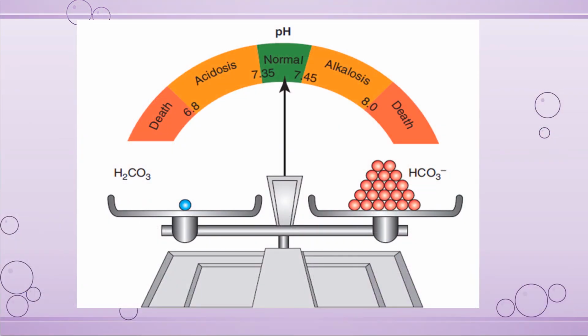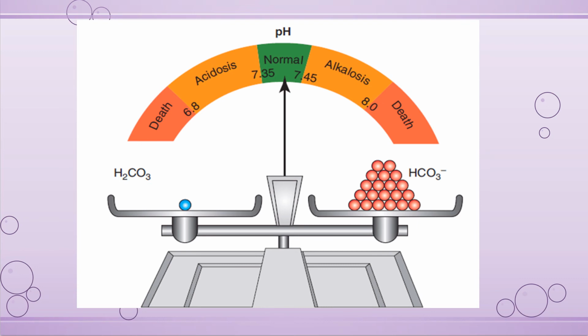All right, so looking at our normal pH, remember our body, our homeostasis, happy pH is a pretty narrow margin, right? Our body does not tolerate pHs outside of the norm. So normal is between 7.35 and 7.45. So if we go above 7.45, we're in an alkalosis, right?